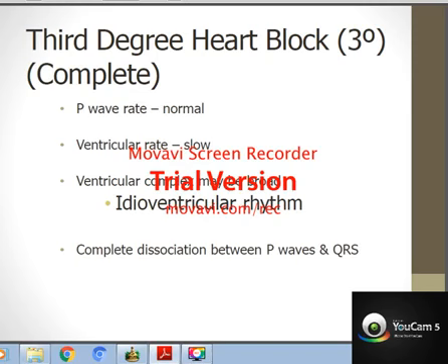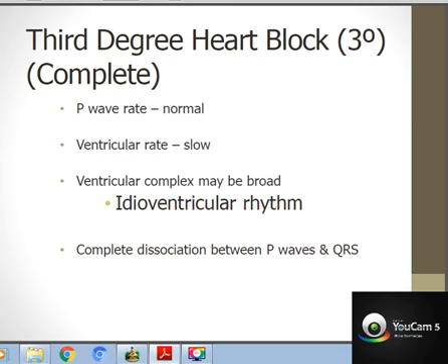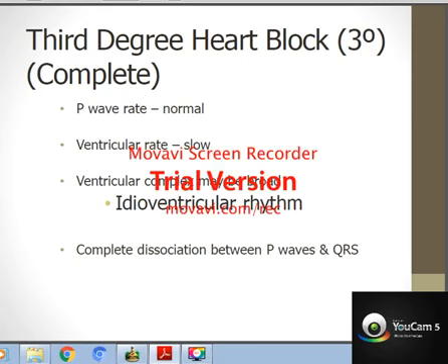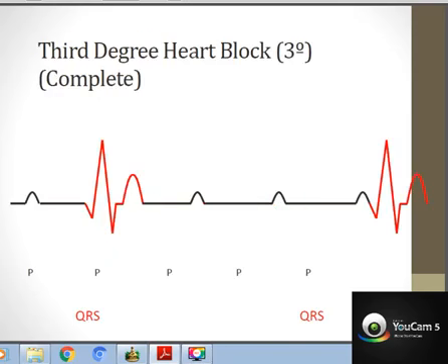There is no coordination between P and the QRS complex because the SA node is giving impulses to the atria, but it is not passing through the AV node. So what happens? Ventricles are not getting the impulses, so automatically ventricles will start triggering their own impulses. So there won't be any match of P wave and QRS complex. This is what happens here. See, the third degree heart block is a complete heart block because you can see the rate drops below 40.